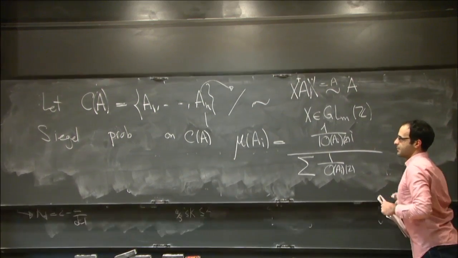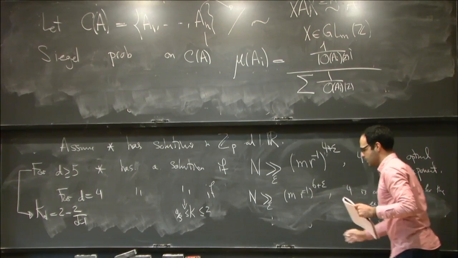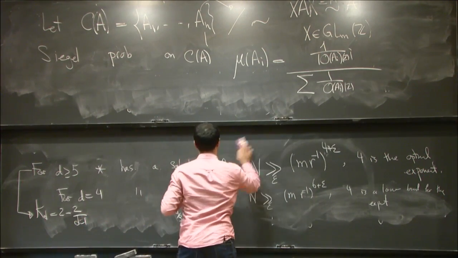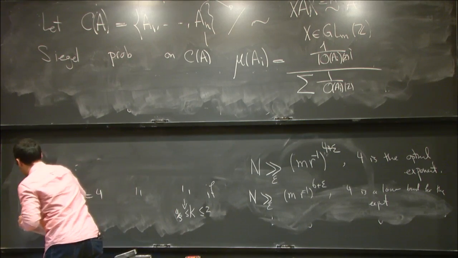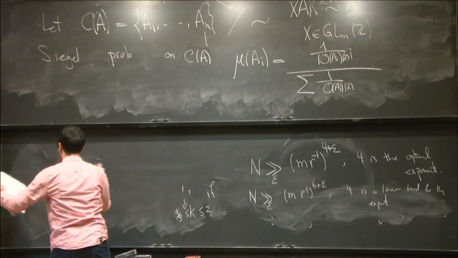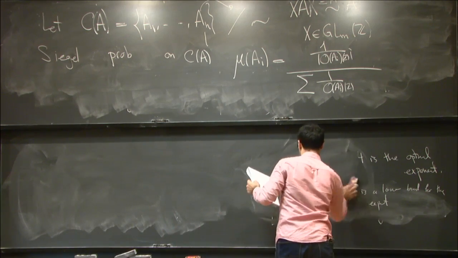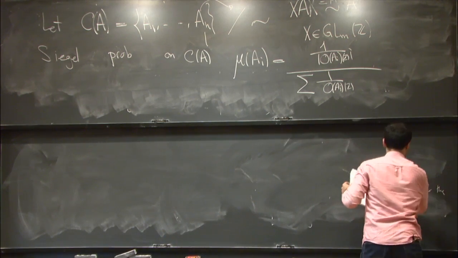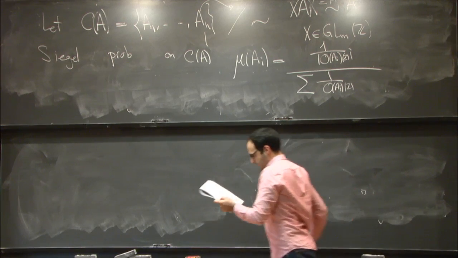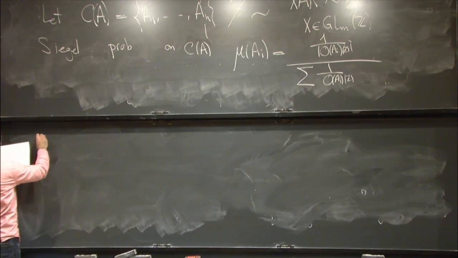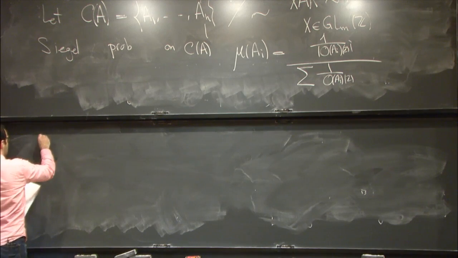So with respect to this probability measure on the genus, there is a sharp transition phenomenon happening for this problem, which I'm going to state here.